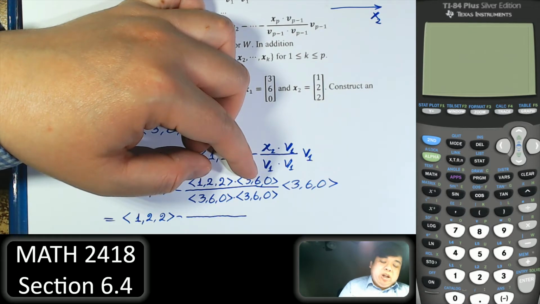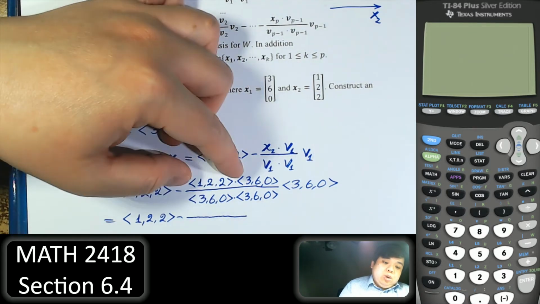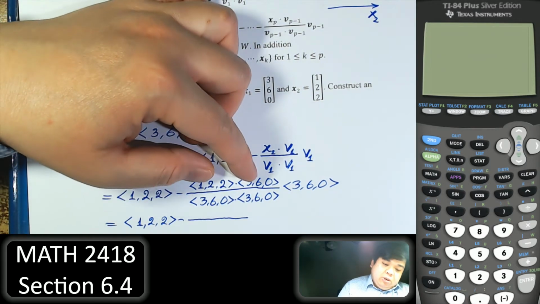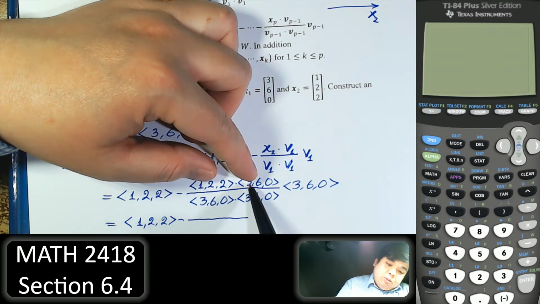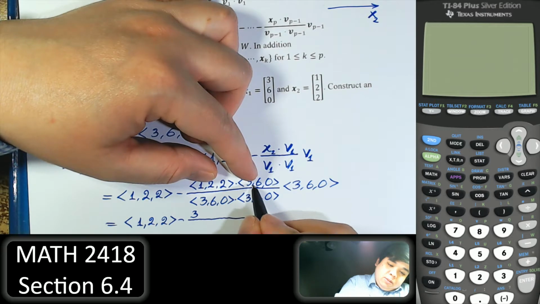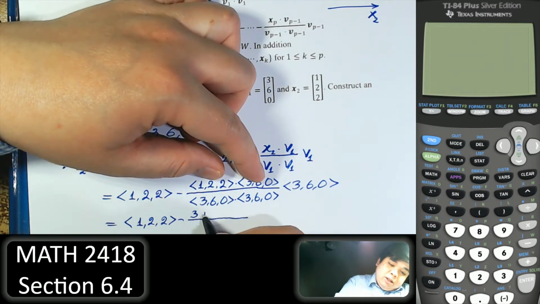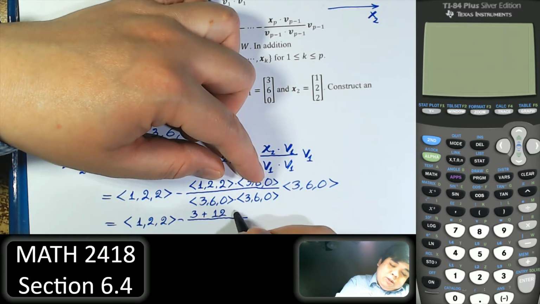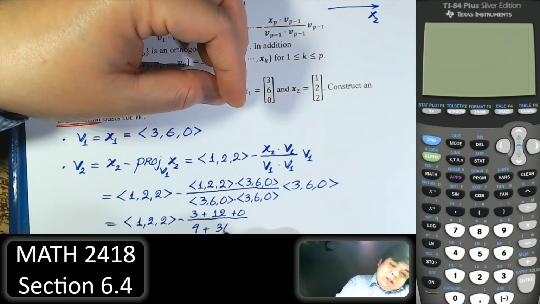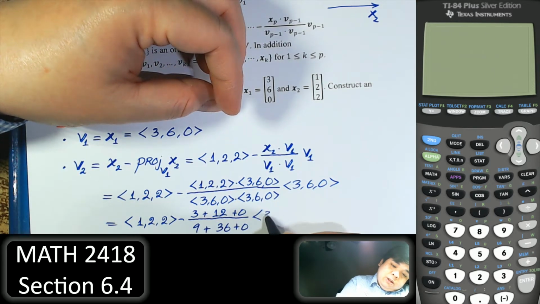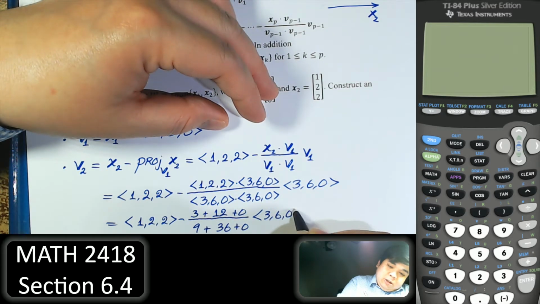Then the computation will be a lot easier than if we did it with the original basis. So we have 1 times 3 is 3, 2 times 6 is 12, 2 times 0 is 0, which gives 15, and 3 times 3 is 9, 36, 0, which gives 45.